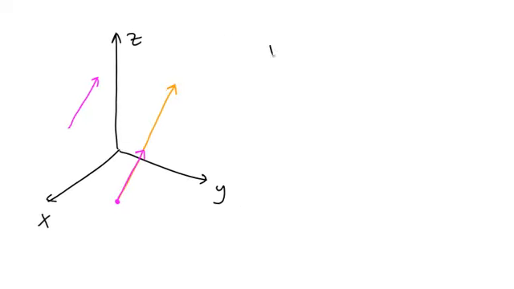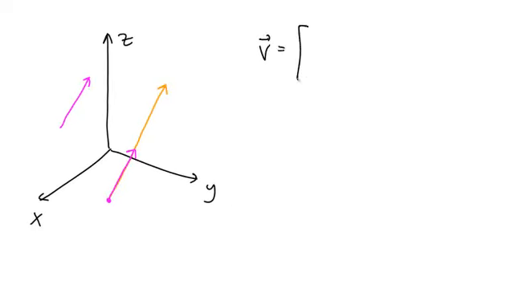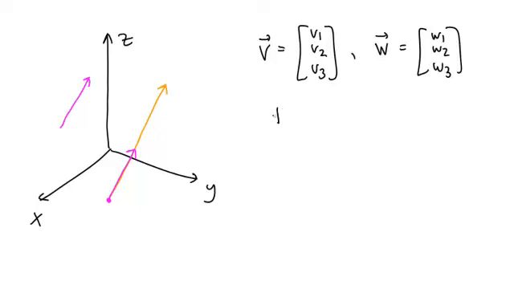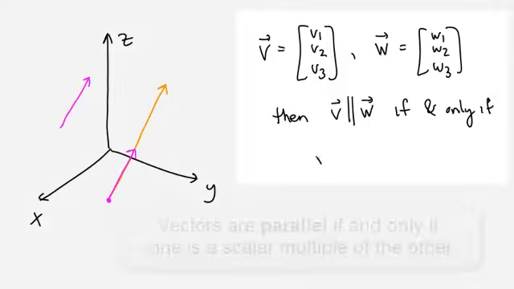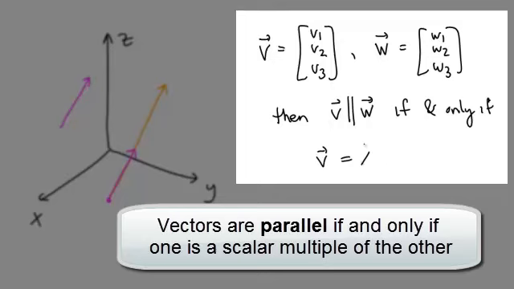So, said differently, if you had a vector v who had components v1, v2, and v3, and a vector w who had components w1, w2, and w3, then the vector v is parallel to the vector w if and only if the vector v is some multiple lambda of the vector w.